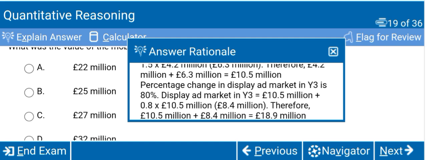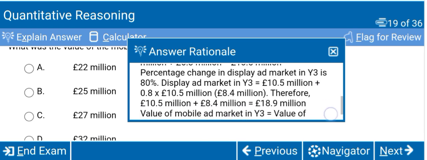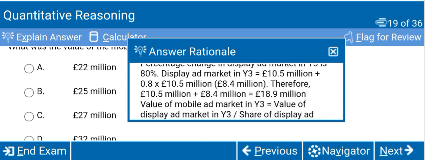So the percentage change in display ad market in year 3 is 80%. That is, display ad market in year 3 equals 10.5 million pounds plus 0.8 multiplied by 10.5 million pounds. Therefore, 10.5 plus 8.4 equals 18.9 million pounds.